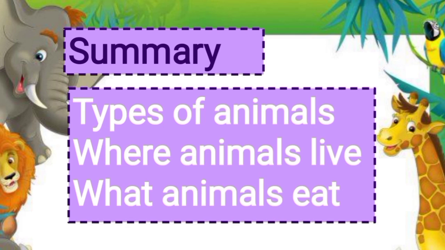They may be terrestrial, aquatic, amphibian, arboreal and aerial. Then animals can also be grouped as herbivorous, carnivorous, omnivorous, scavengers or parasites depending on their feeding habits.